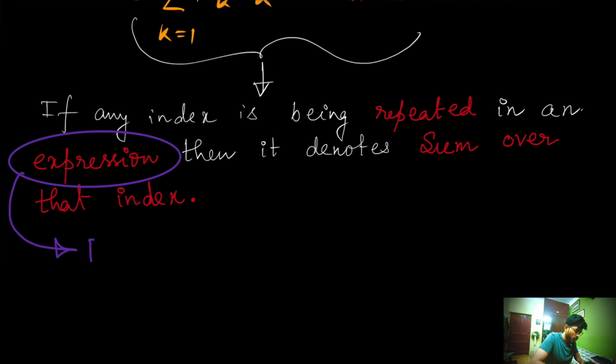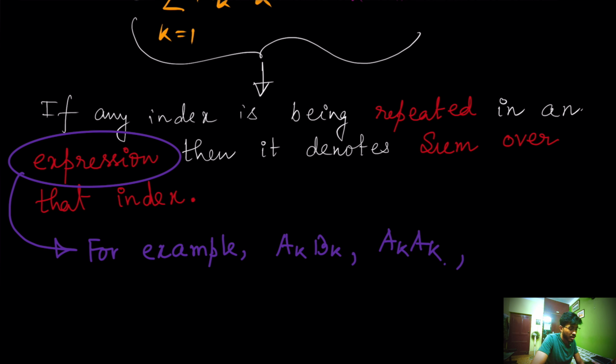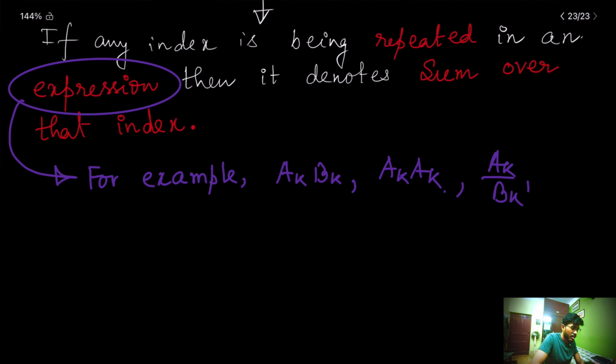For example, AK BK, AK by BK, AK to the power BK, delta AK, delta BK.